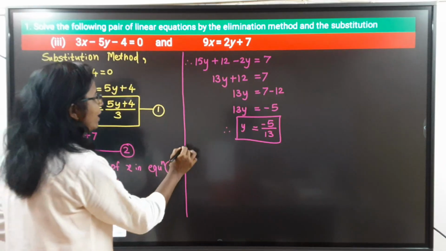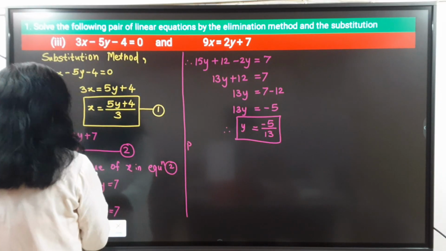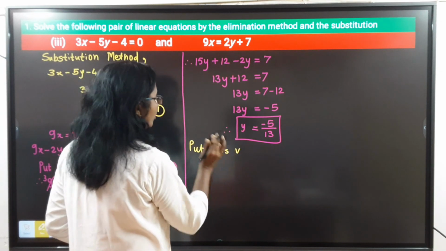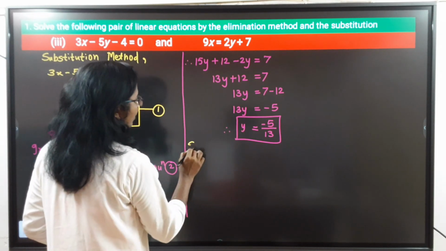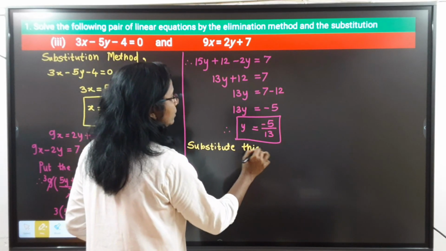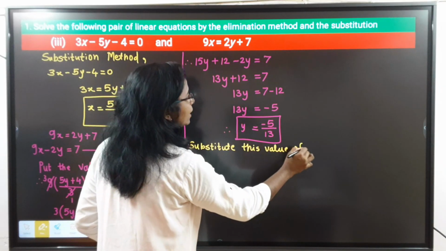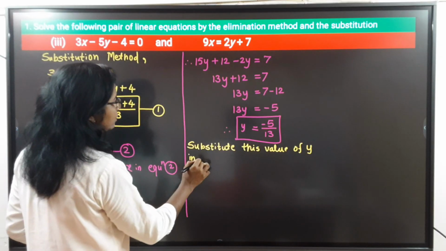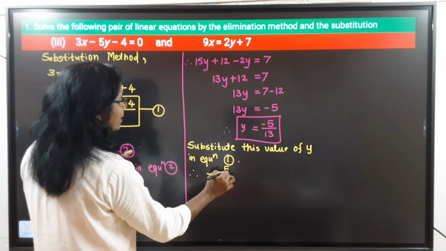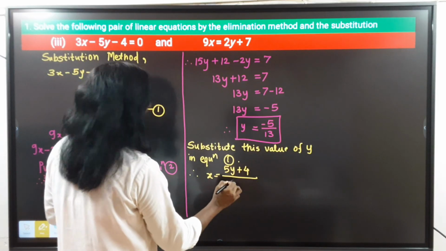Then here, put this value, or we say substitute this value of y in equation 1. Therefore x is equal to (5y plus 4) upon 3.